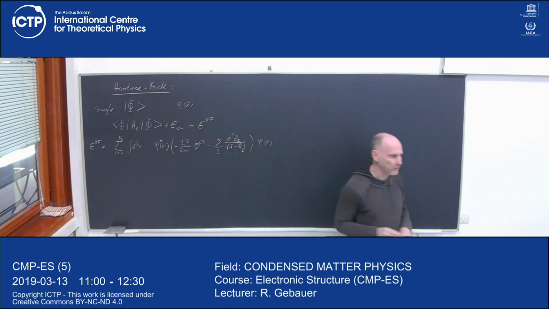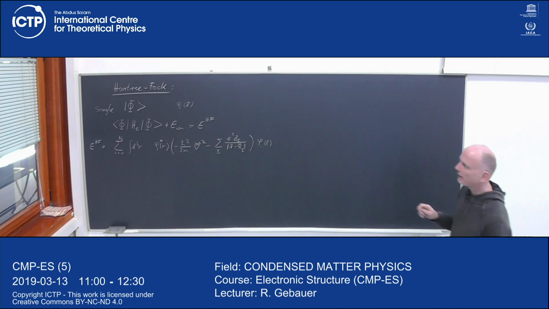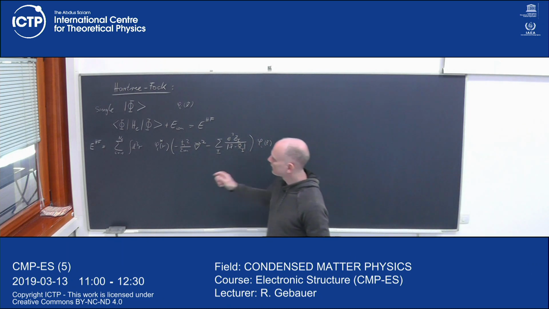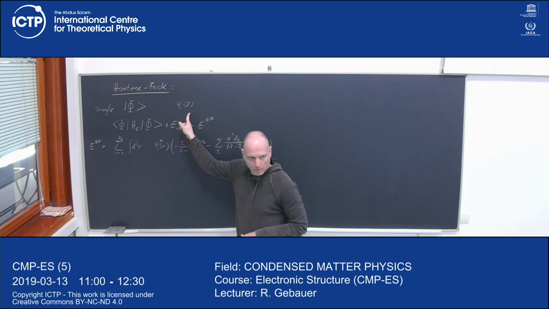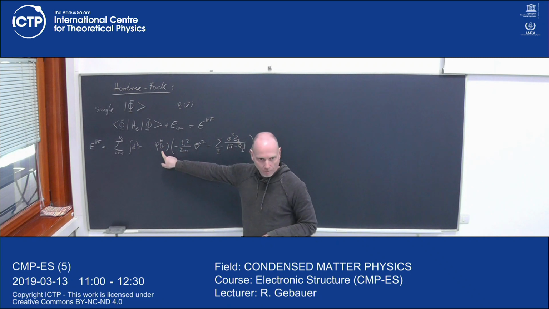So this was one part of the Hartree-Fock energy. If you look again at your notes from Monday, you will find precisely this. And the sum here is over all the n spin orbitals which we have, which we assume to be orthonormal.